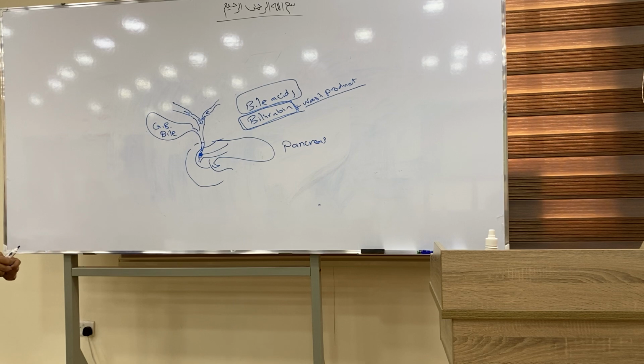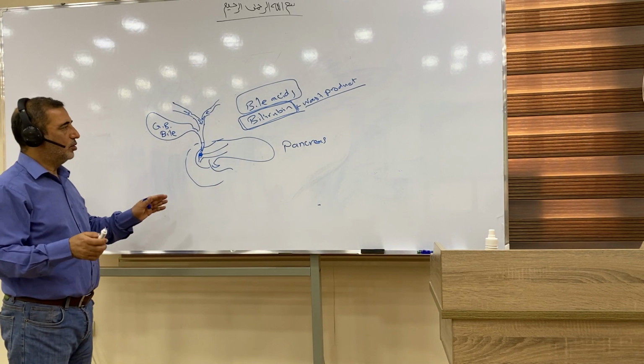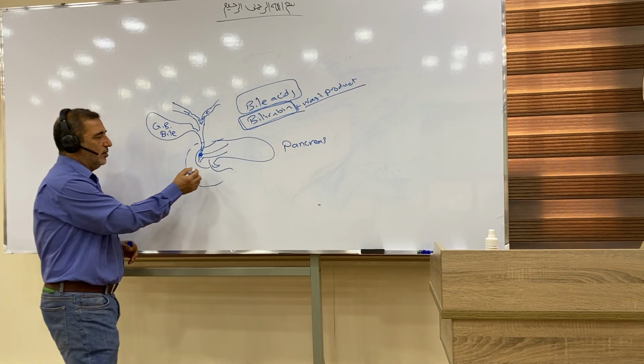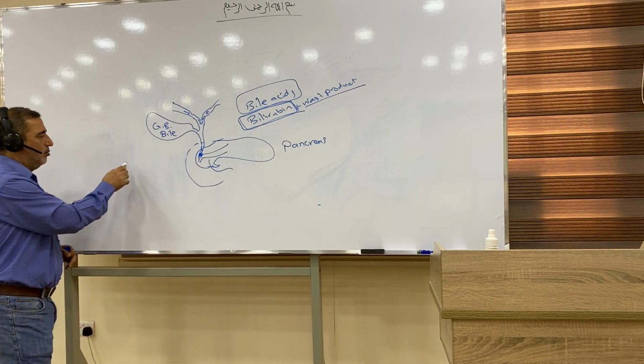That's the meaning of the Greek word pancreas. Pan is whole, creas is flesh. So it's whole flesh. Pancreas is a very important organ with two main functions.